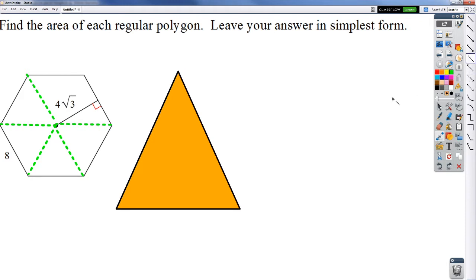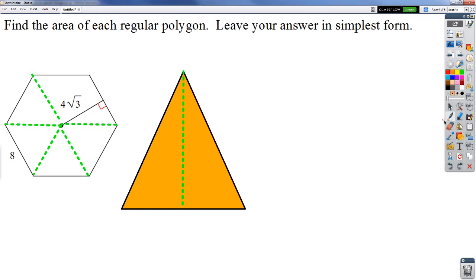There we go. So let's go ahead and draw the information here on the triangle. So first things first, we have the sides all here are 8, and that's the base of the triangle. And then the apothem, which is the height of the triangle, has a measurement of 4 radical 3, just like this.